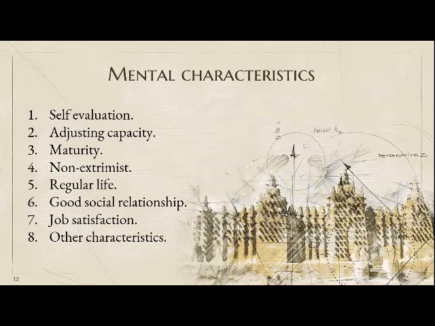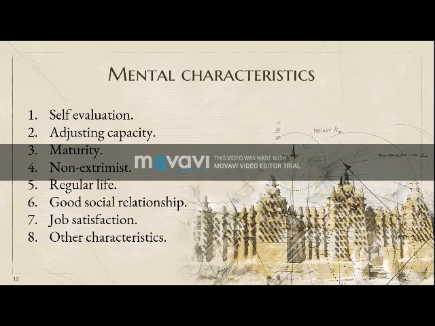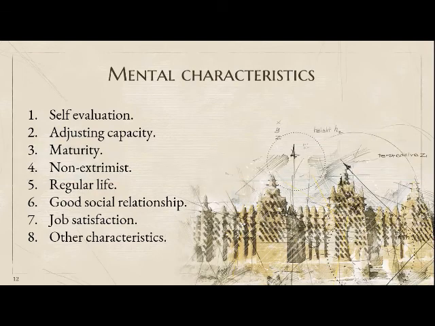It is helpful to develop his mental health status. Next, job satisfaction. Where he is working and what he is doing, he should be satisfied with that work, and he should feel happy, and he should have a good working environment surrounding him.